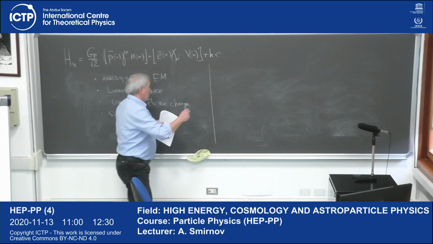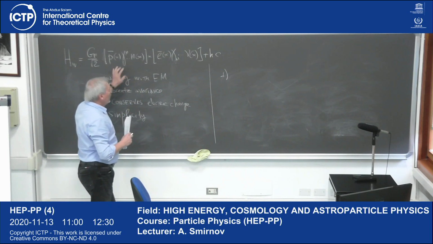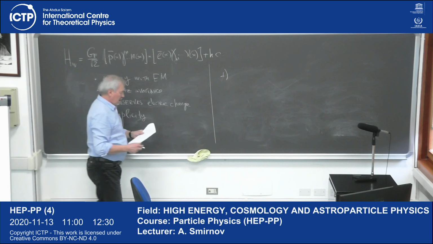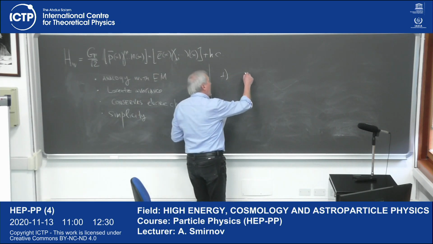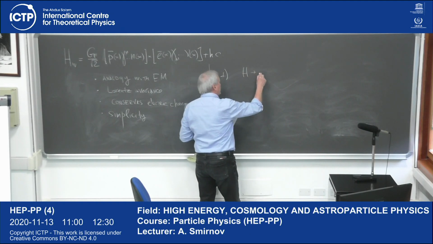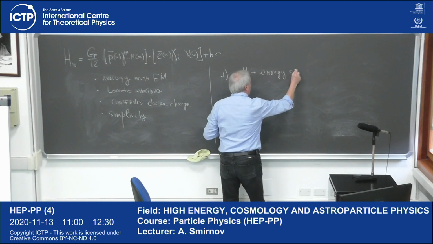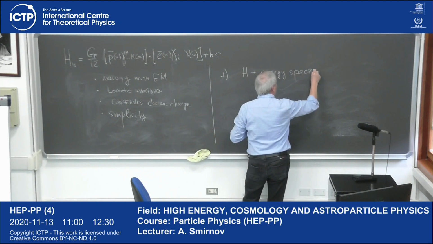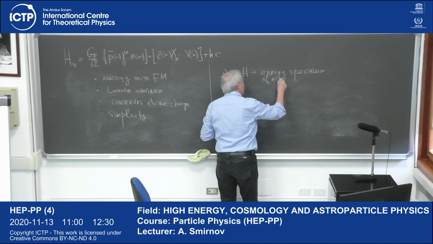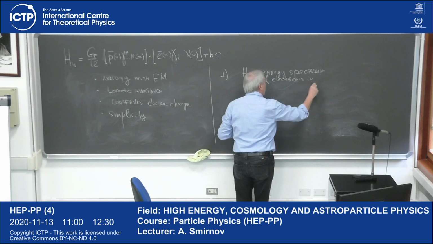By the way, first of all, knowing this Hamiltonian and performing computations, you can compute the energy spectrum of electrons in beta decay.